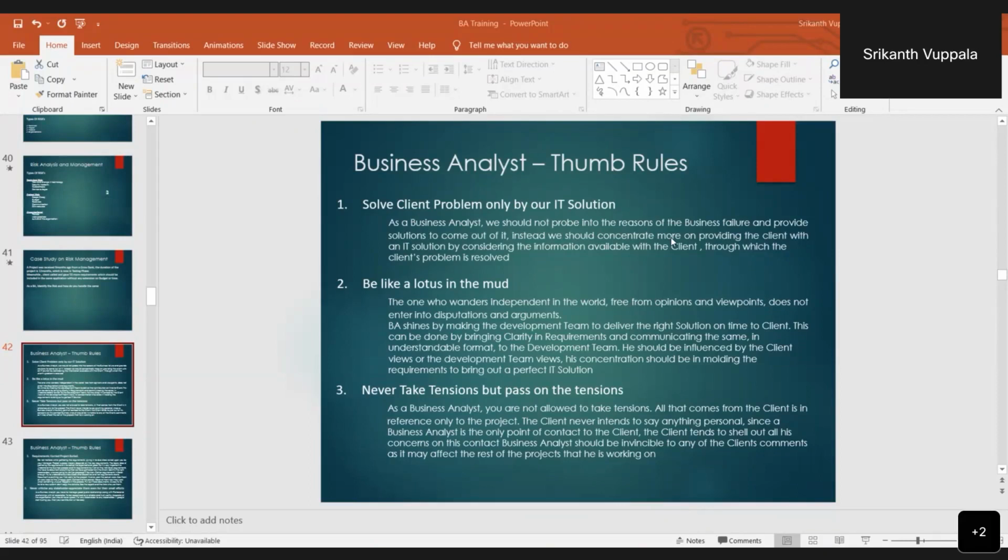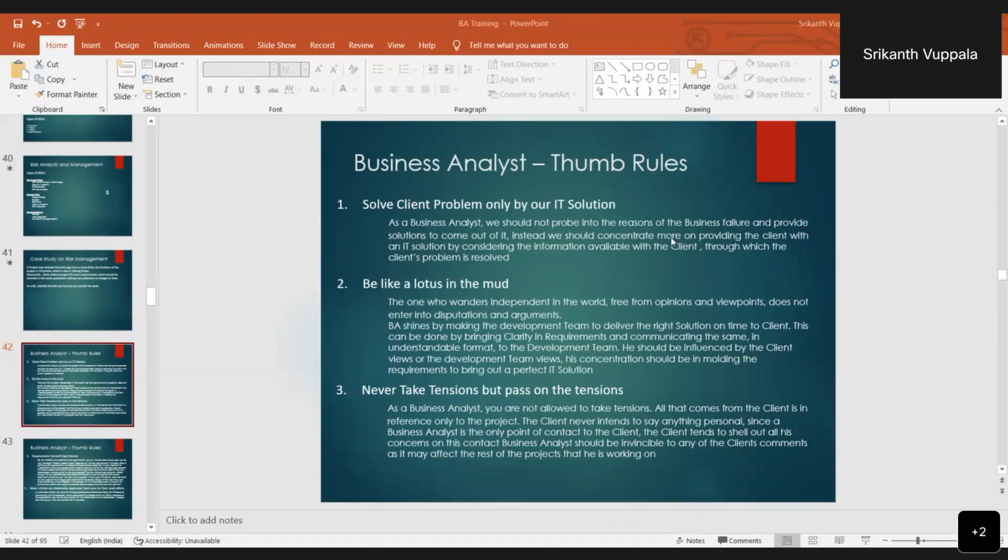So the third one is: never take tensions, but pass on the tension. What does that mean? As a BA, you should not feel the pressure, and you should not take the tension from the client. For example, if a development issue is encountered in UAT, the client will not sit quietly, he will shout at us.